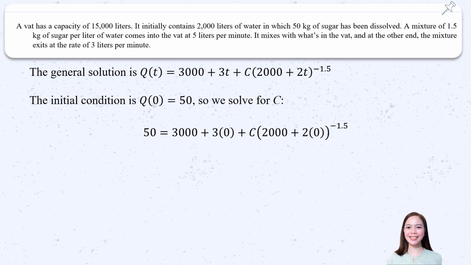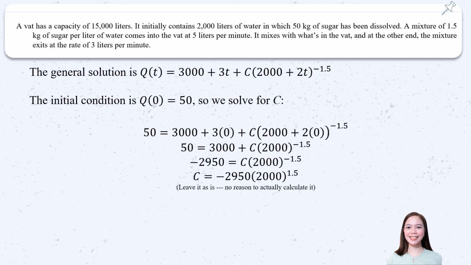So to find that, we have here 50 is equal to (3000 + 3 times 0 + C) times (2000 + 2 times 0) raised to negative 1.5. So simplifying, we have here 50 is equal to (3000 + C) times 2000 raised to negative 1.5. To get the value of C, we have here negative 2950 is equal to C times 2000 raised to negative 1.5.